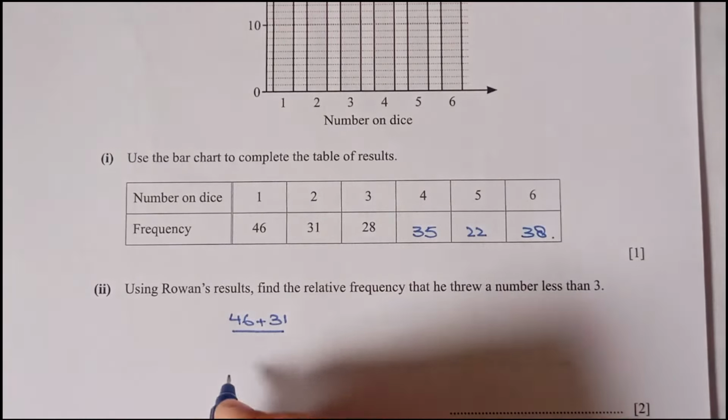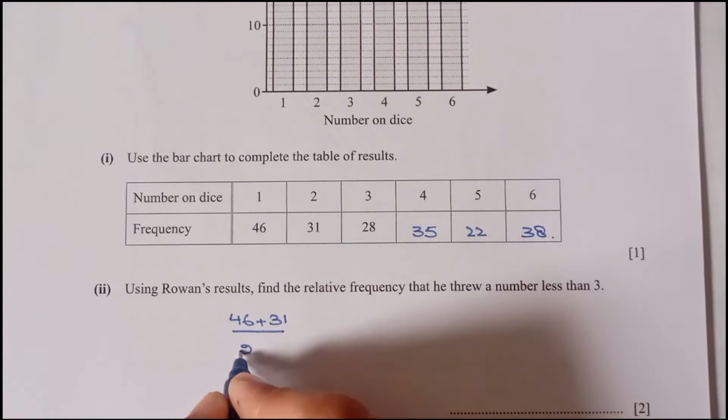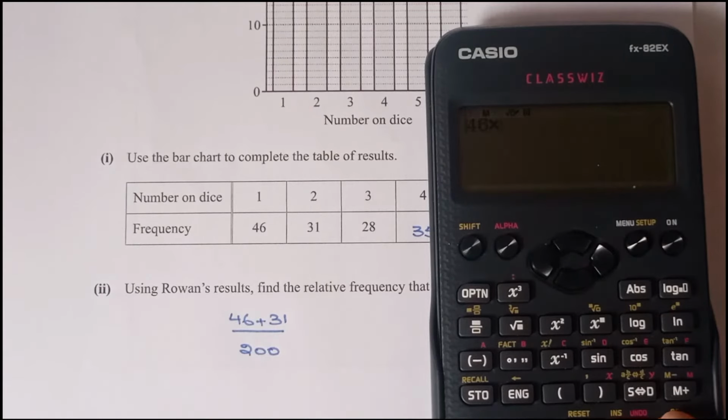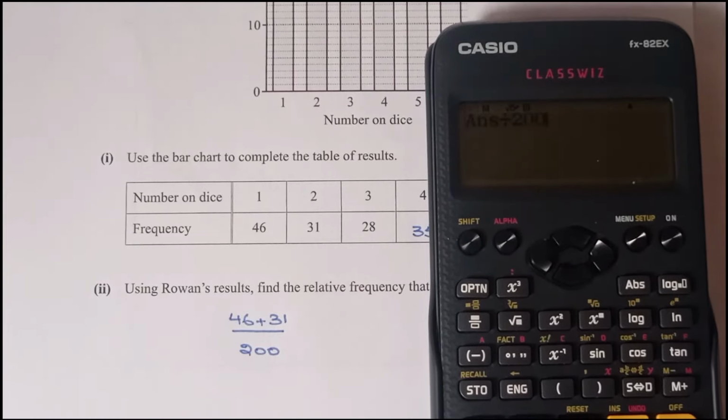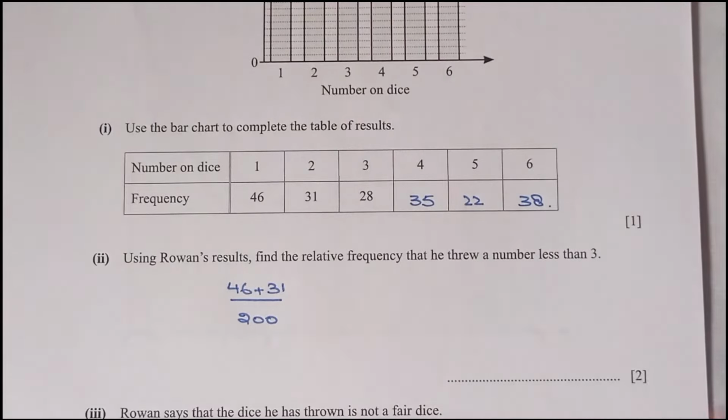As he threw 200 times, we divide by 200. So 46 plus 31 divided by 200 is 0.385.